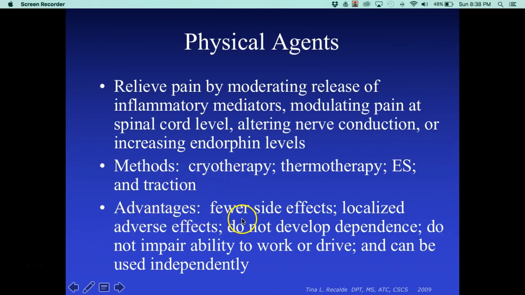Advantages, you have fewer side effects. When we take medicine, there's lots of things that it can do, side effects it can cause. No localized adverse effects. You don't develop dependence on it, you don't impair ability to work or drive, and you can be used independently.